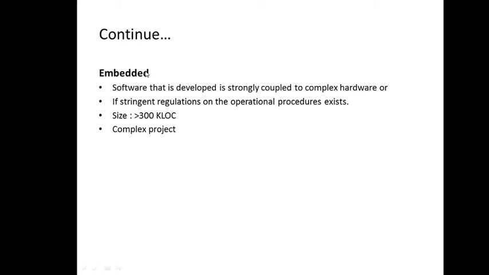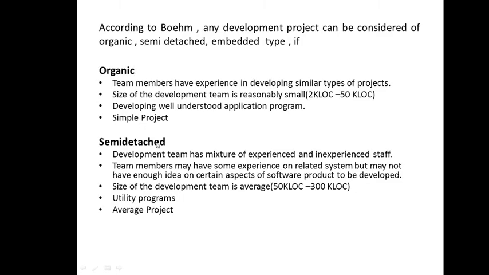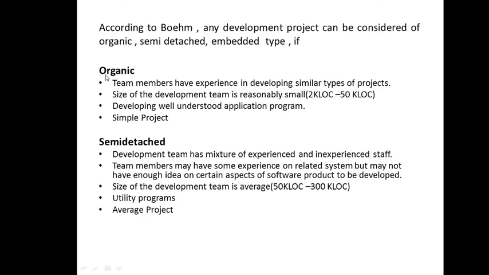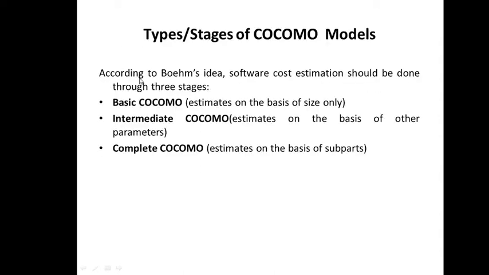So we have a project which may be a simple project, an average project, or a complex project. Based on that we identify whether it is of an organic type, a semi-detached type, or an embedded type. Once we are through with this, we have to estimate the effort, cost and time using the Cocomo model.